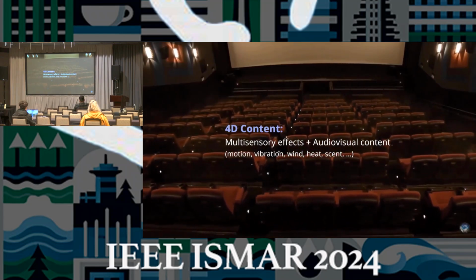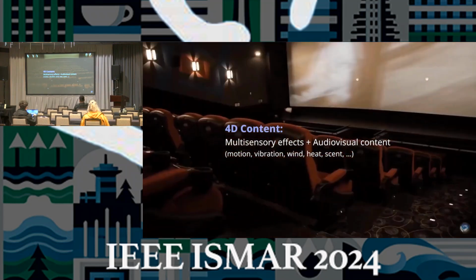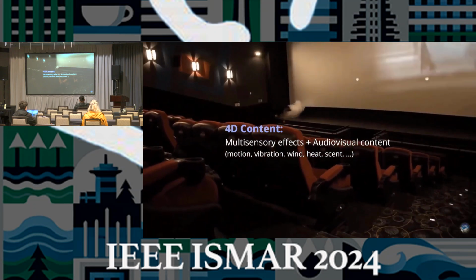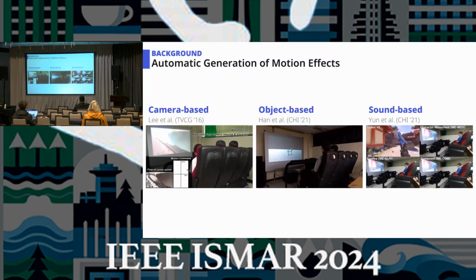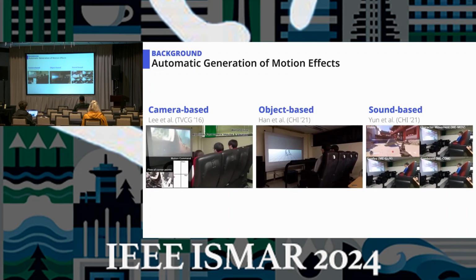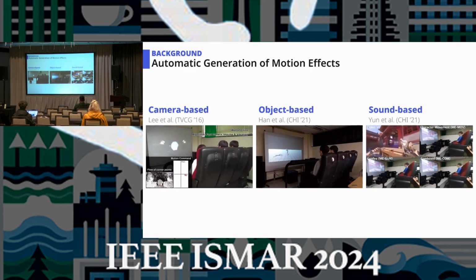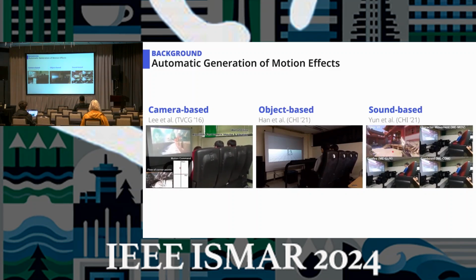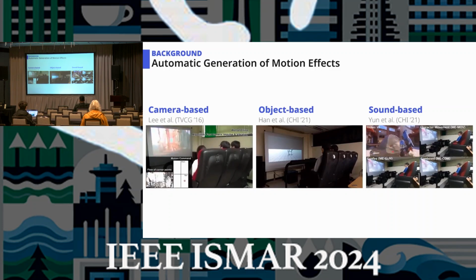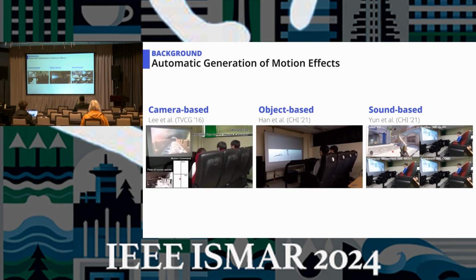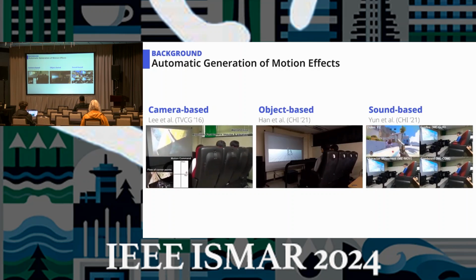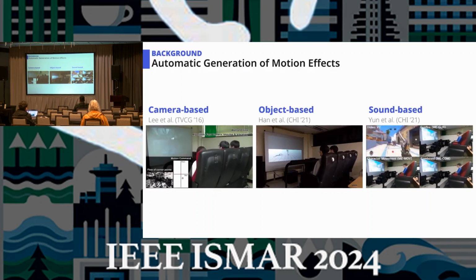Motion effects improve immersiveness by providing physical movements to users' body corresponding to the movements in a scene. In industry, the creation of motion effects is done by manual process, which is very time-consuming. To reduce this effort, in academia, several studies proposed automatic algorithms to generate motion effects by analyzing audiovisual content, focusing on 3 types of motion effects: camera-based, object-based, and sound-based.